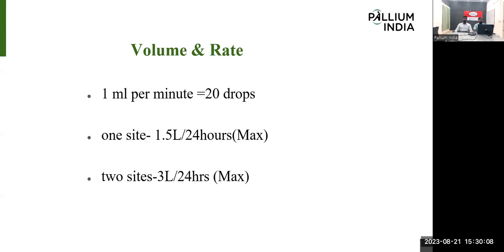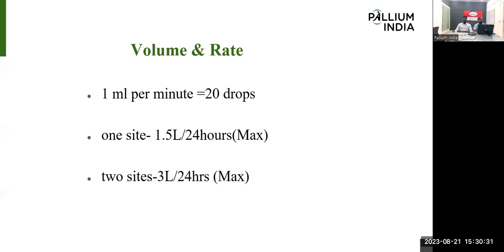Then, as I already told in the starting slides, if we are planning to give 3 liters or 6 pints of fluid subcutaneously, that is the maximum within 24 hours. For one site, 1.5 liters or 3 pints within 24 hours is the maximum we can give.